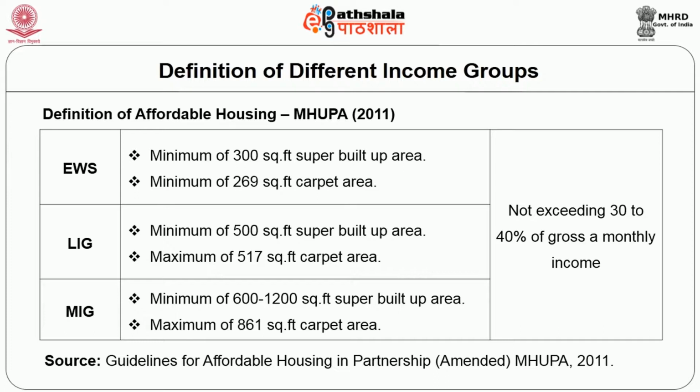And MIG households have a minimum of 600 to 1200 square feet super built up area and maximum of 861 square feet carpet area. So this is the source given below.